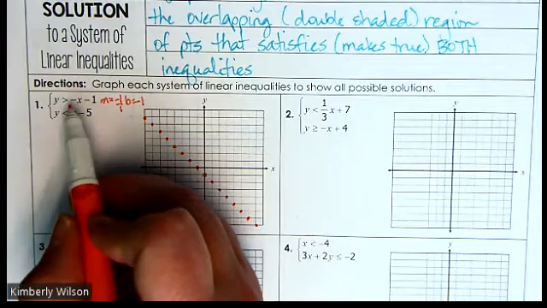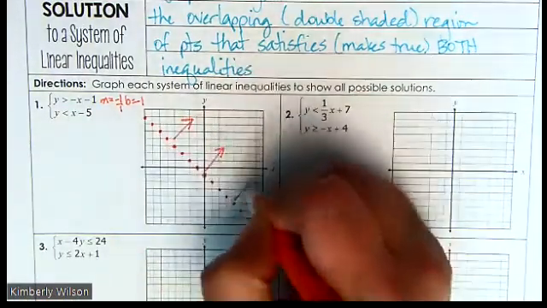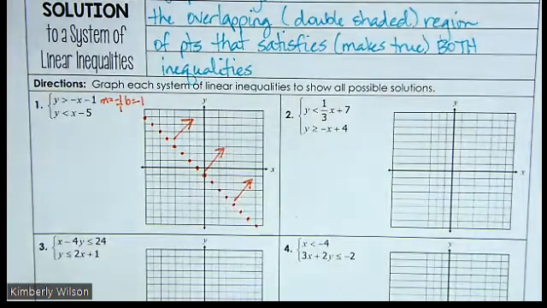Now, it's y is greater than, so therefore I am shading in this direction. I'm not going to actually shade right now because my actual solution is the double shaded or the overlapping region. It's nice when you have two different colors because you can easily see that.